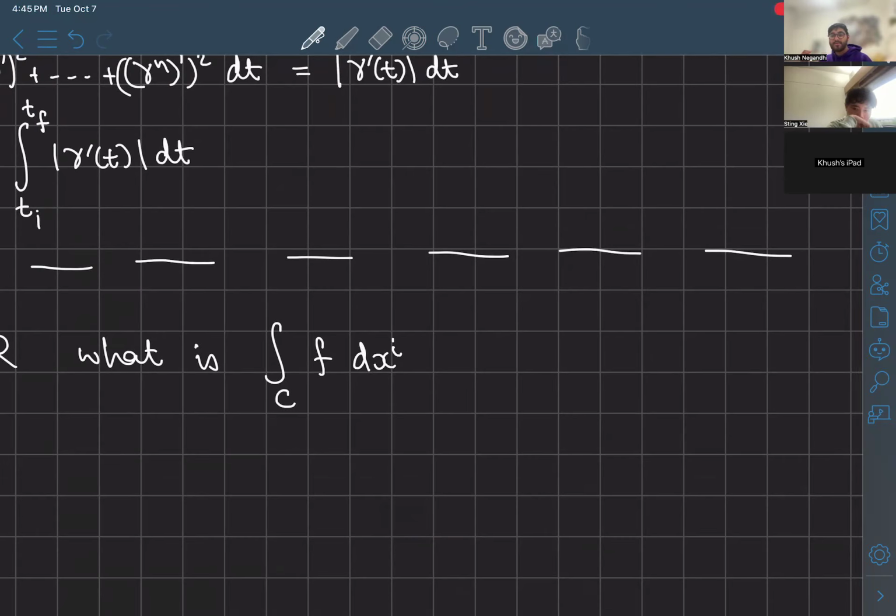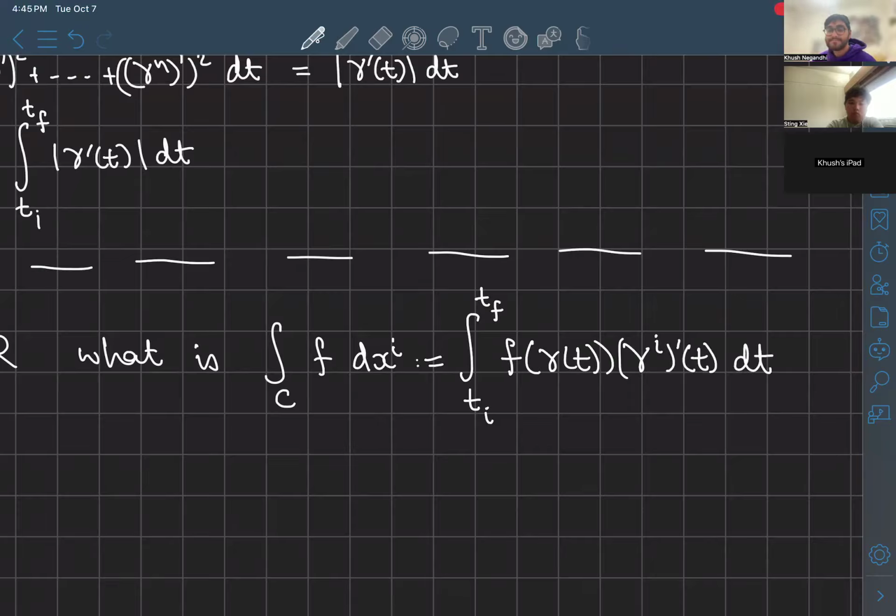All this is going to be is the integral from the initial time to the final time of f of gamma of t times gamma i prime of t dt.